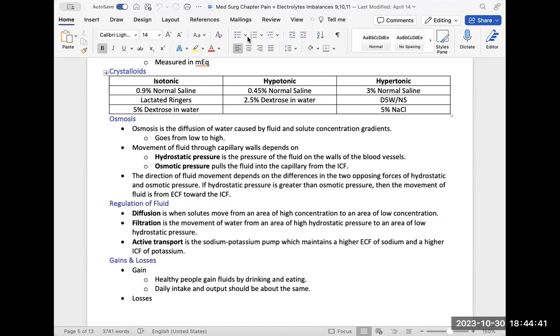It puffs it up. So when we give a hypotonic solution, what we're doing is actually correcting that electrolyte imbalance by getting that fluid into the cell, which is diluting that salt level and reducing the salt. So in a hypernatremic patient, we give a hypotonic solution like 0.45 normal saline or 2.5% dextrose in water.